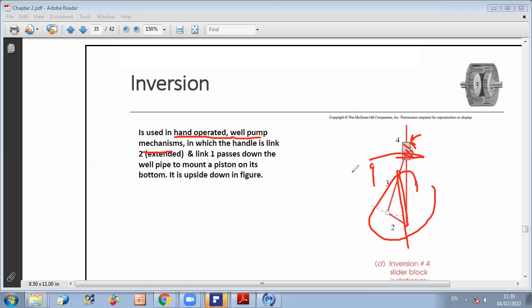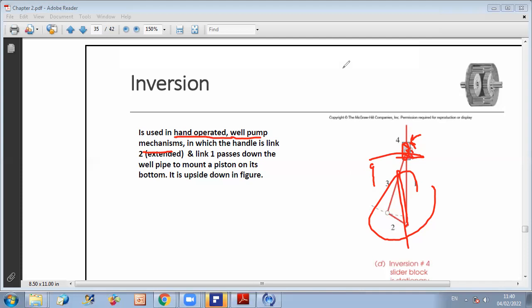In reality it will be in the reverse position: the piston, this block, will be down, and links 2, 3, 4 will be in the upward position. I will post a video for you and explain it in more detail in the next session, as an example of how this system can be implemented for hand operated well pump mechanisms.